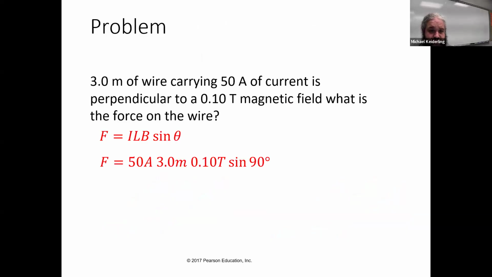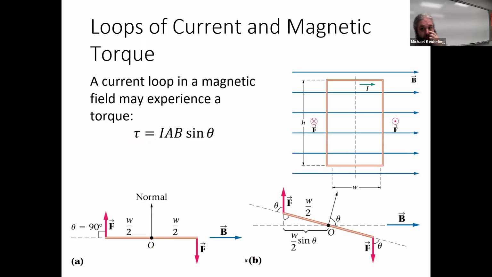So 50 amps times 3 meters times 0.1 Tesla times the sine of 90 degrees, because it's perpendicular. That comes out to 15 newtons. But yeah, you can get some dangerous stuff with wires with large currents running through them, because they also create magnetic fields, and so they'll interact with each other.